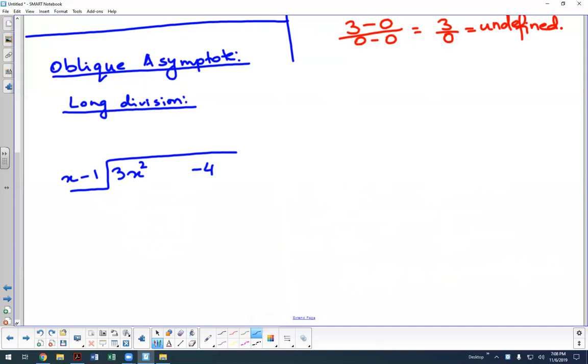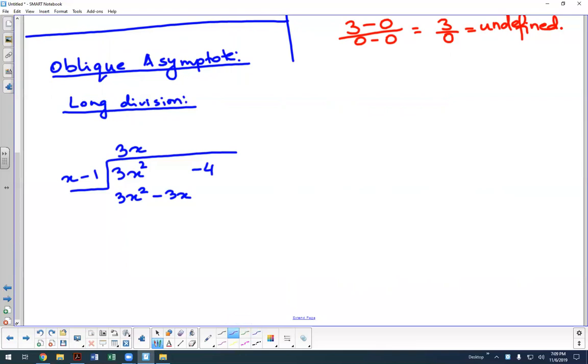So if I have 3x squared on the inside and only an x term here, what should I have in my quotient? Yeah, you need both a 3 and an x, right? Because we need this to become a 3x squared. So I'm missing a 3 and I'm missing an x. So multiply 3x times x is 3x squared, and then negative 1 times 3x is negative 3x.